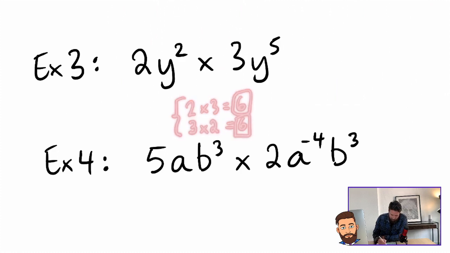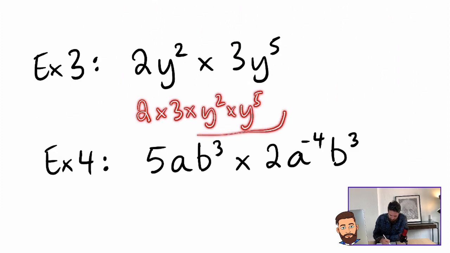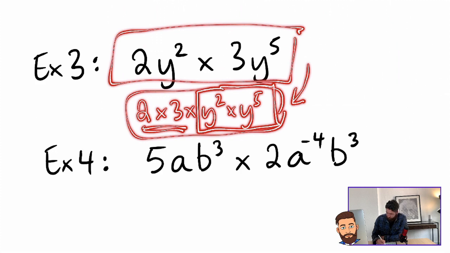So here, we're going to treat our whole numbers together, because we could write this as 2 times 3 times y squared times y to the power 5. That would be the same thing, just written in a different order. And it becomes a lot clearer when you think of it like that. Because you just do 2 times 3, and then you add these powers together, given the rule.